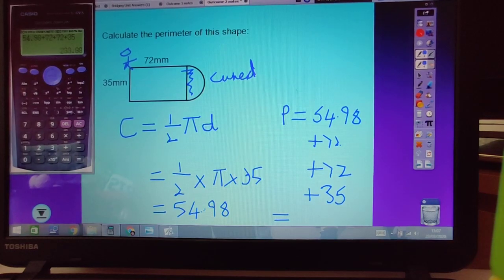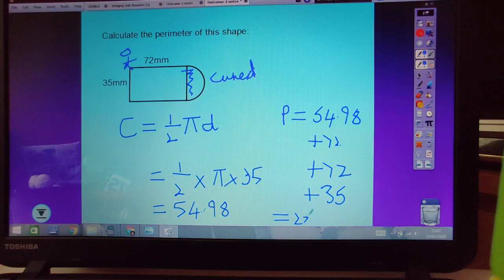Giving us 233.98. We still need units, they're important. This question was all about millimetres, so we round it to 233.98 millimetres.